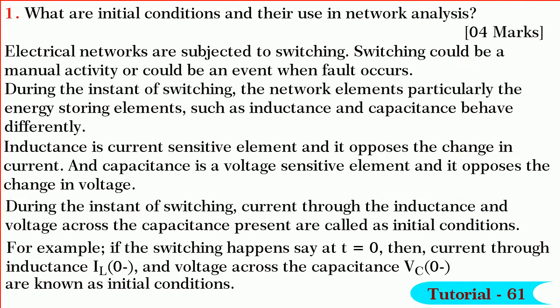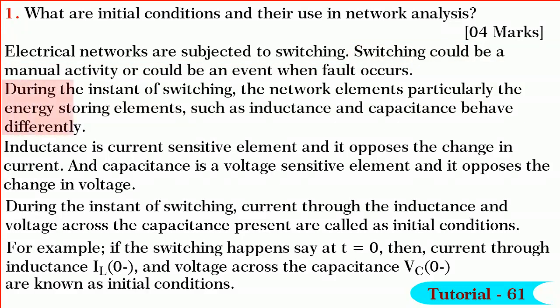Friends, first we are going to answer question 1, which states like this: What are the initial conditions and their use in network analysis? Friends, you all know that electrical networks are subjected to switching. Switching could be a manual activity or could be an event when a fault occurs.